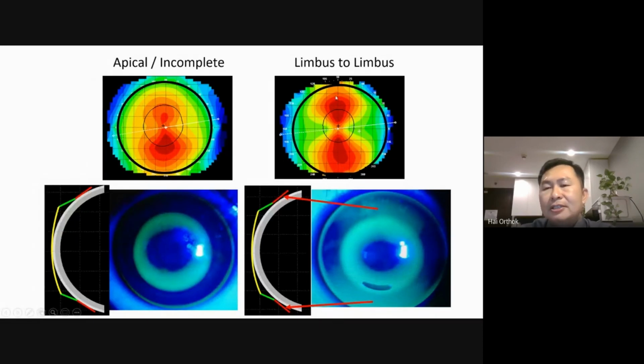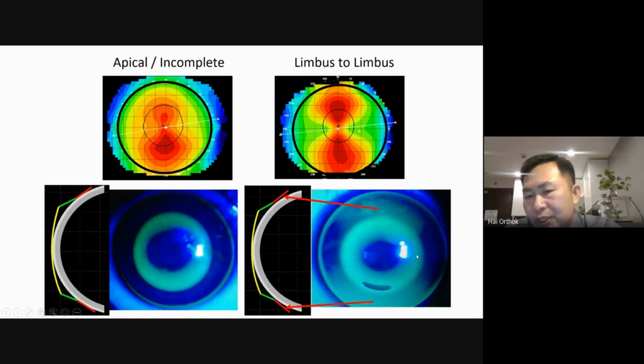And if you look at the elevation map, you will see a negative number right here. That means it's a deeper area on the eye, and because it's deeper, you will see the channel of tear over here. This spherical lens would not center well or provide stable vision, and because of that, you have to change this lens into a toric lens.